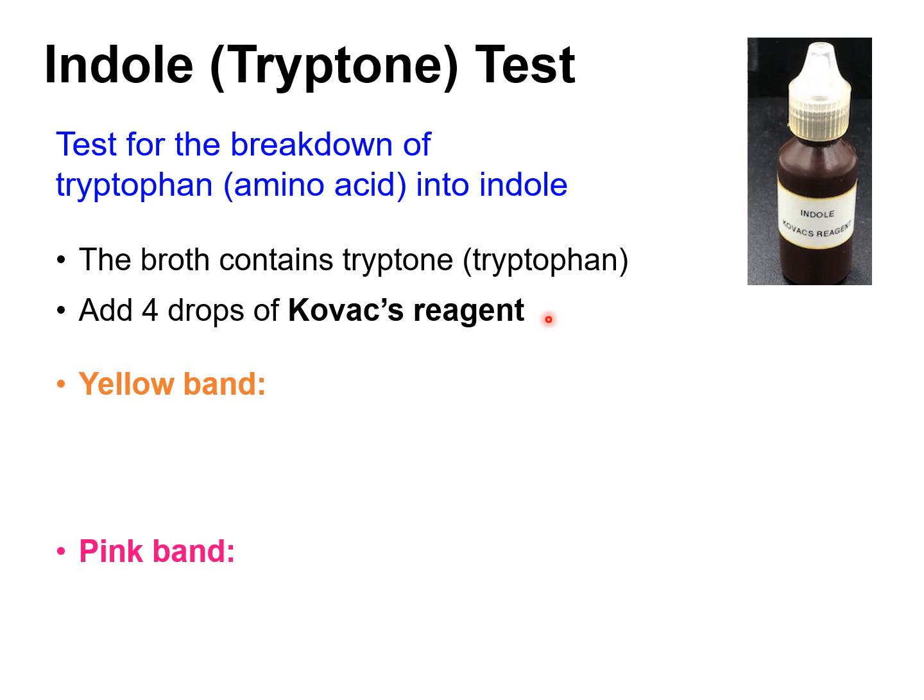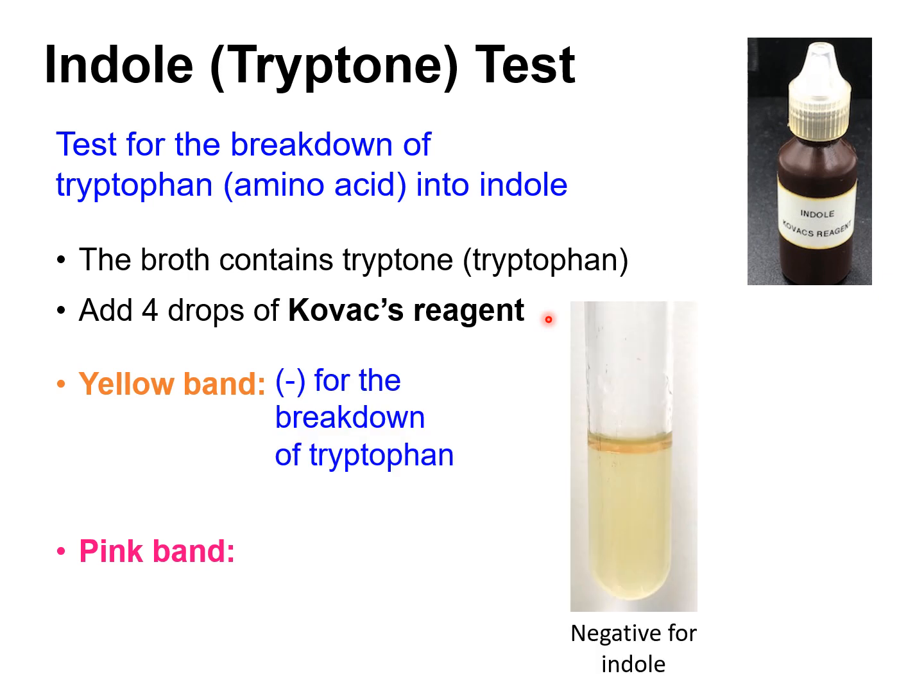Now, let me show you first the 2 colors that you would get, and then I'll show you pictures. Here is your tryptone broth, after you've inoculated it and incubated it.